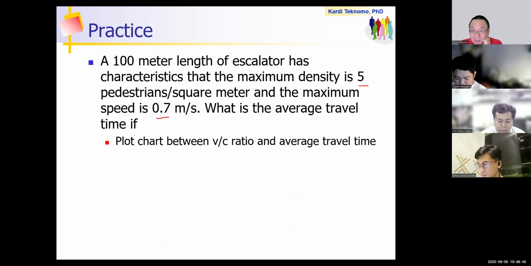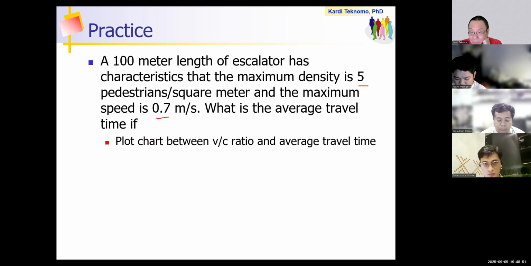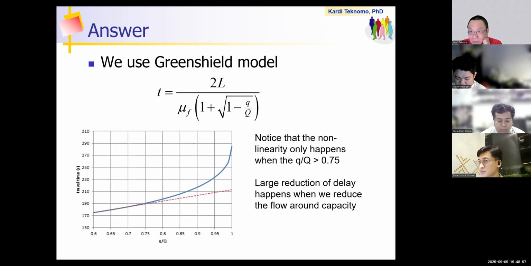What is the average travel time? If you plot VC ratio and travel time, you will get this plot. This is the typical Greenshields. Pedestrian flow is usually linear, so we can use Greenshields.